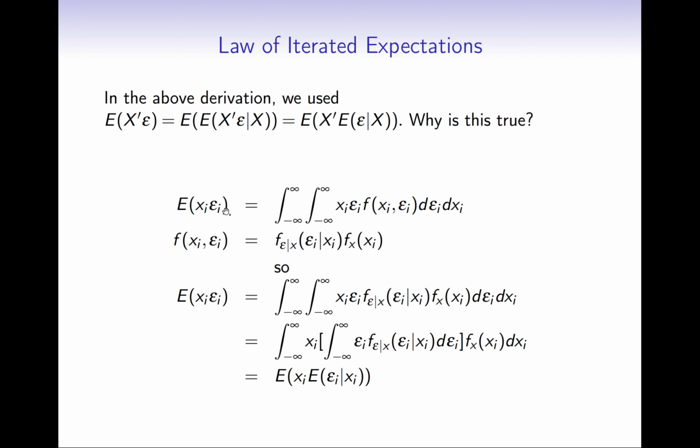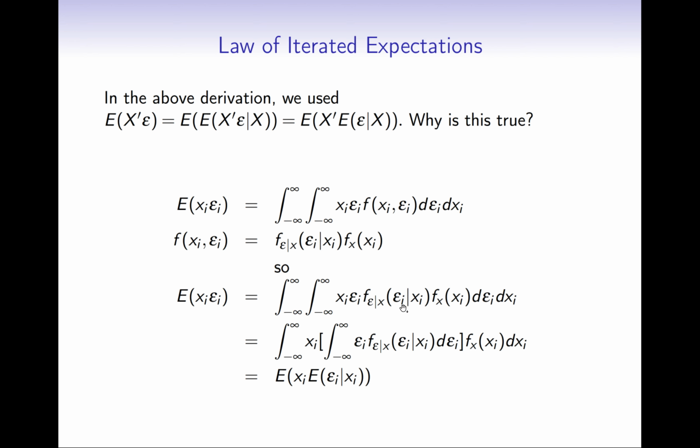Let's look at x_i epsilon_i. This would be two integrals, one for epsilon, one for x, and this is the joint density. You can break up the joint density into the conditional density times the marginal density. That's just a property of densities that we can write the joint density this way.